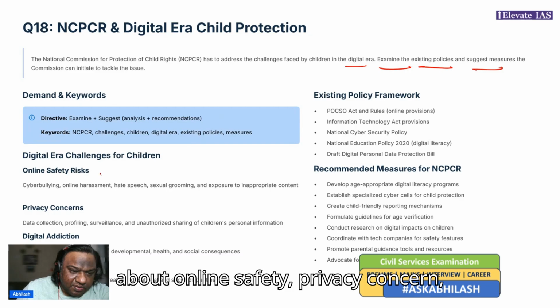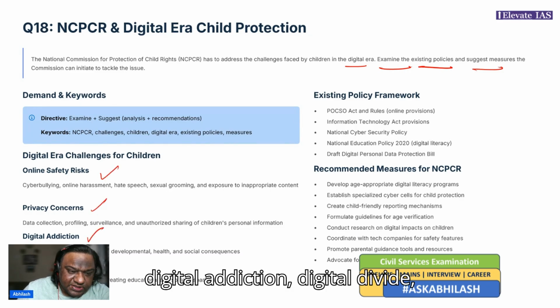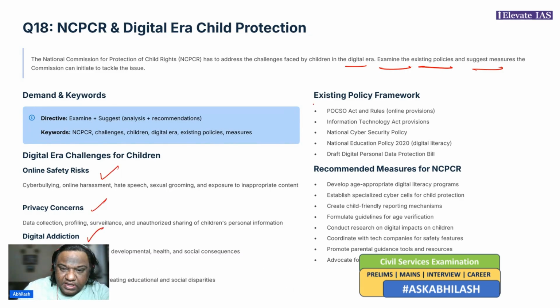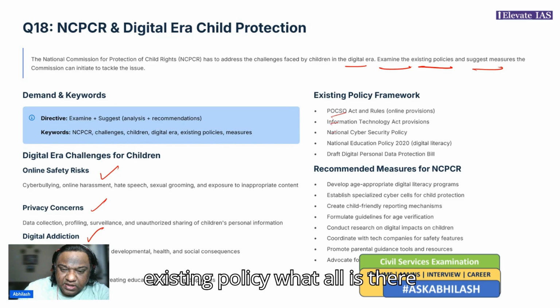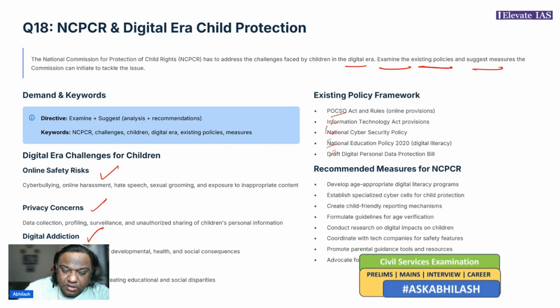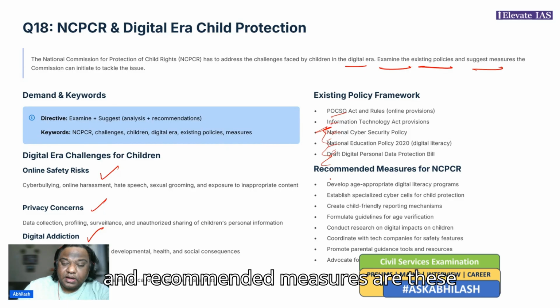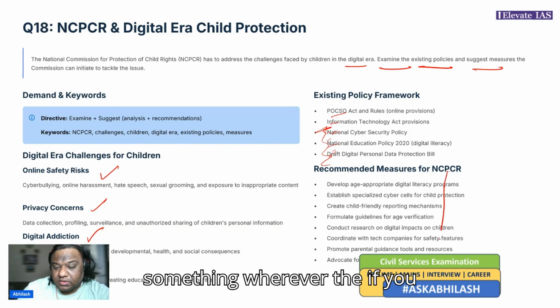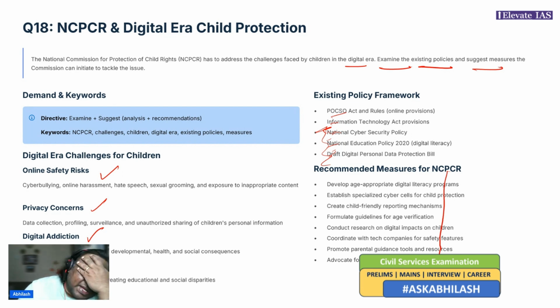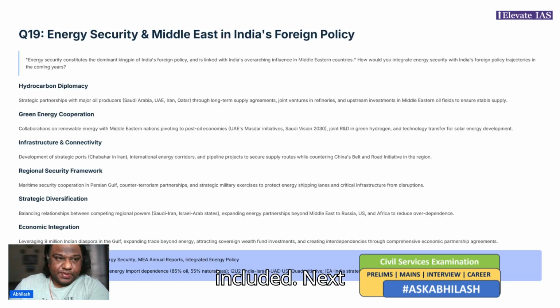So you have to talk about online safety, privacy concerns, digital addiction, the digital divide, the existing policy, what all is there, and recommended measures. Wherever you don't have a logical argument for why it should not be included, include it.